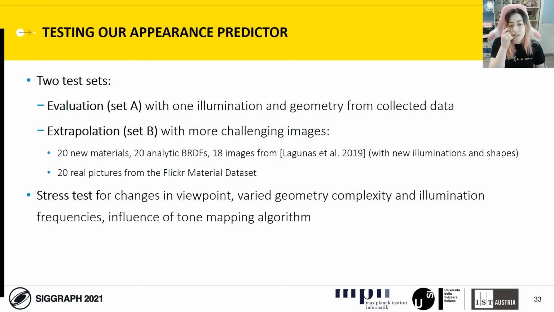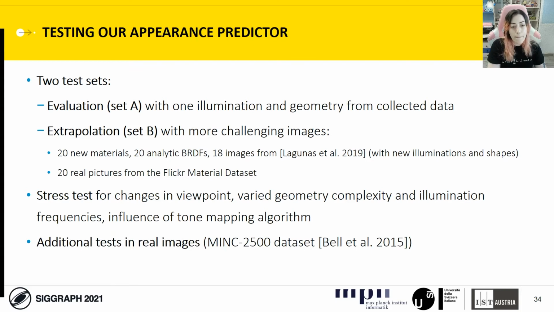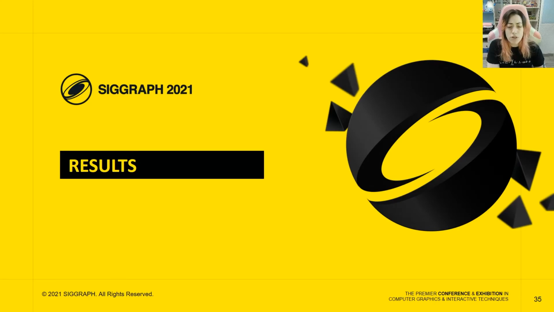In addition to these evaluations, we also performed several tests introducing changes in viewpoint, geometry and illumination complexity, and using different tone mapping algorithms in our images for checking the consistency of our predictor. Finally, we also tested our predictor extensively in real images using the materials in context dataset, and all these results can be seen in the paper. So now let's see some results of our predictor.